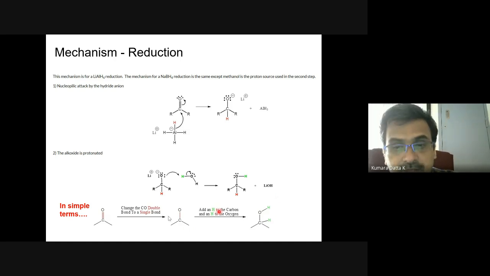This is a simplistic, layman way of saying it, but this is how the reaction proceeds: lithium aluminum hydride nucleophilic attack, followed by protonation of the alkoxide ion.